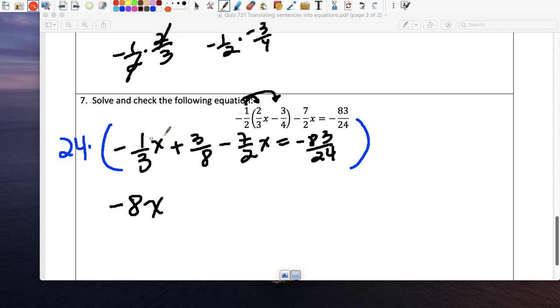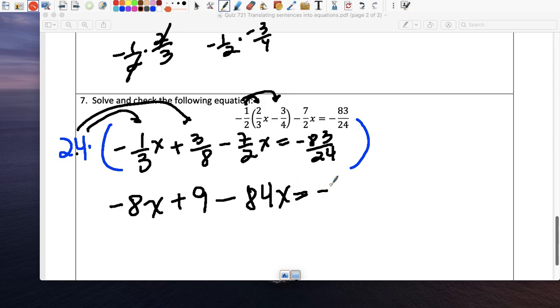Okay, and then positive, so that's done. Positive times a positive is a positive. 24 divided by 8 is 3 times 3, I get 9. Positive times a negative is a negative. 24 divided by 2 is 12. 12 times 7 is 84x. And 24 times negative 83/24 is just negative 83.